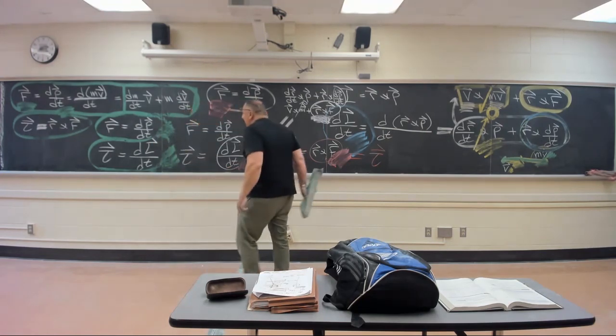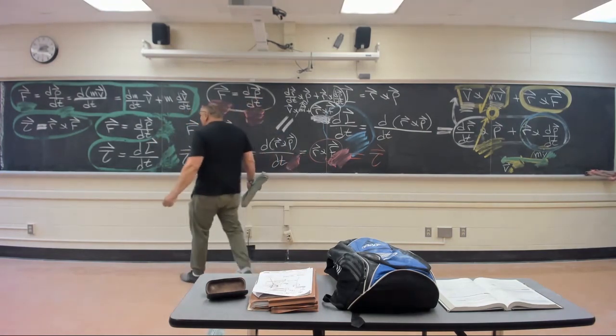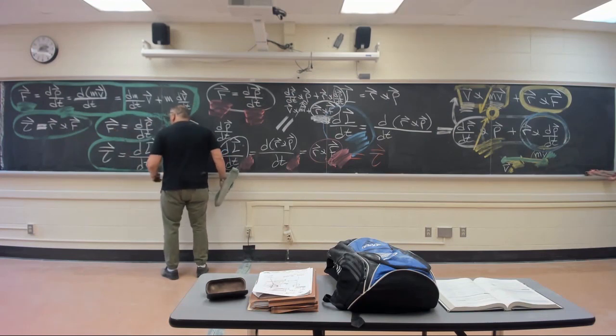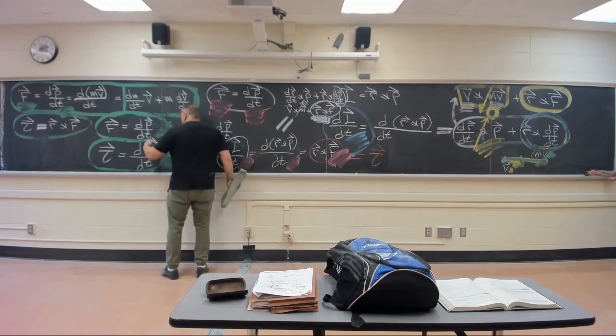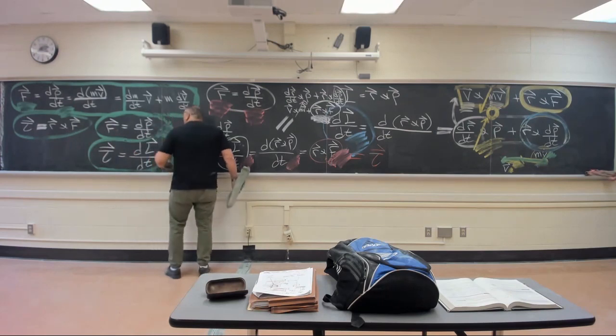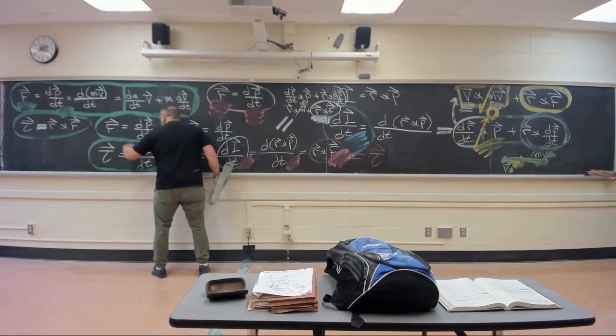It's another way to look at it. The time derivative of momentum is force. The first derivative with respect to time of linear momentum is force. The first derivative with respect to time of angular momentum is torque.